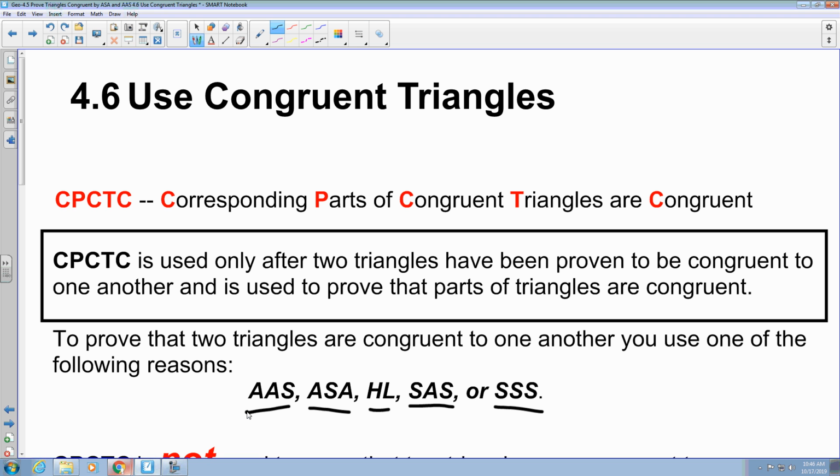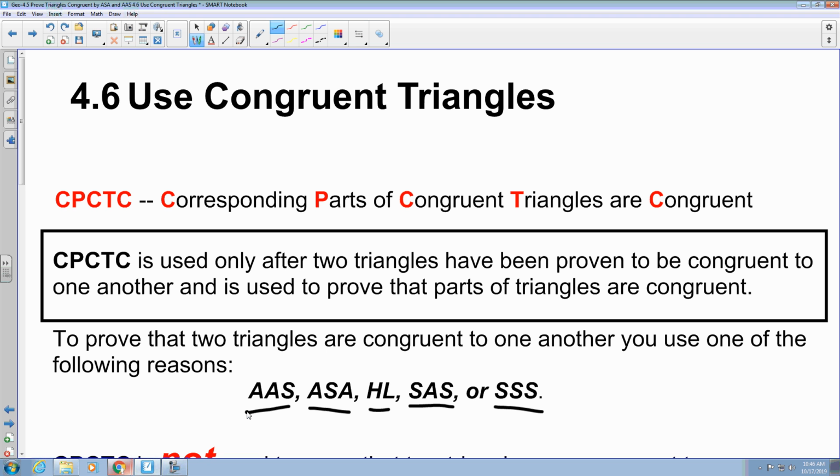So there may be some situations where, when we write out proofs, you are given some piece of information and then they're asking you to prove that either the angles are congruent or sides are congruent.